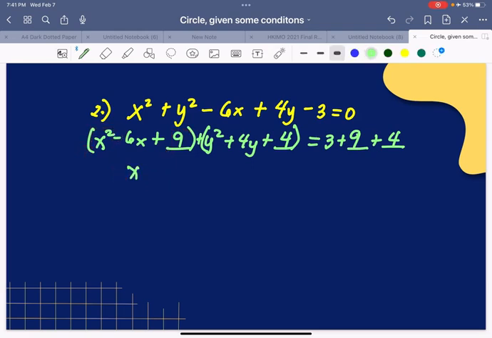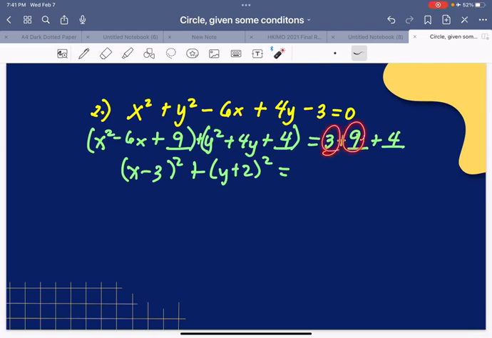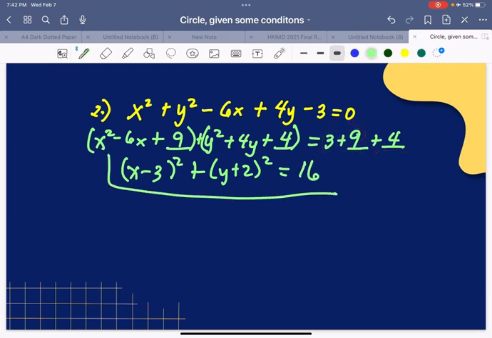So we have x minus 3 quantity squared plus here square root of y squared, that is y, plus square root of 4, that is 2 quantity squared. So y plus 2 quantity squared is equal to 3 plus 9, that is 12. 12 plus 4, that is 16. So this is now the standard form of the equation.